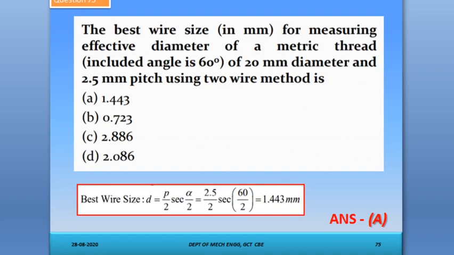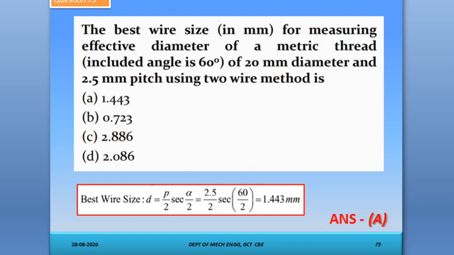The pitch of the thread is 2.5, P equal to 2.5. The metric thread diameter is 20 mm. The included angle means the thread angle, which is standard for ISO metric thread, 60 degree. So theta, or alpha, is 60 degree.